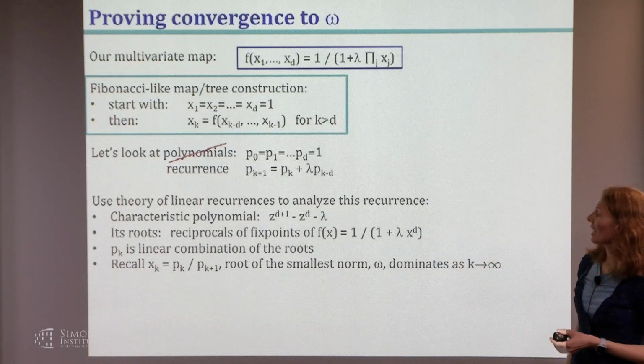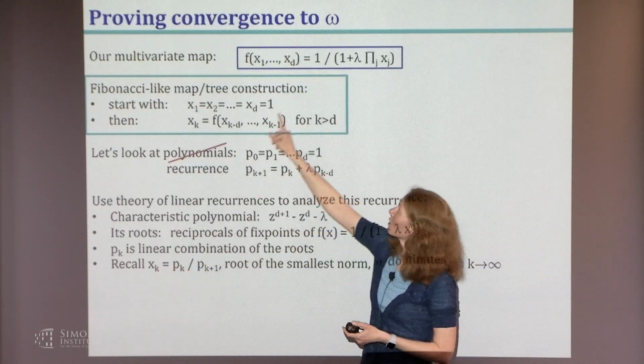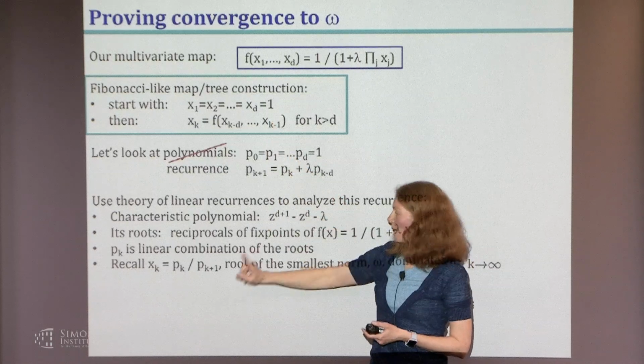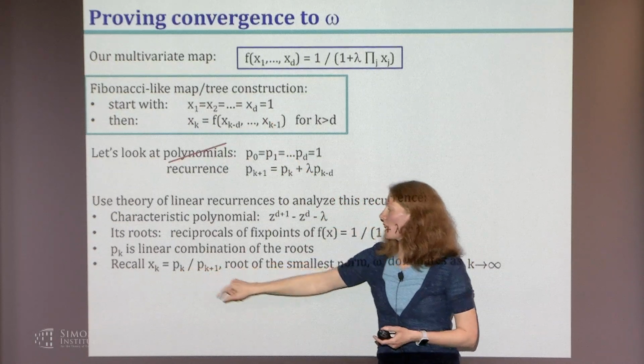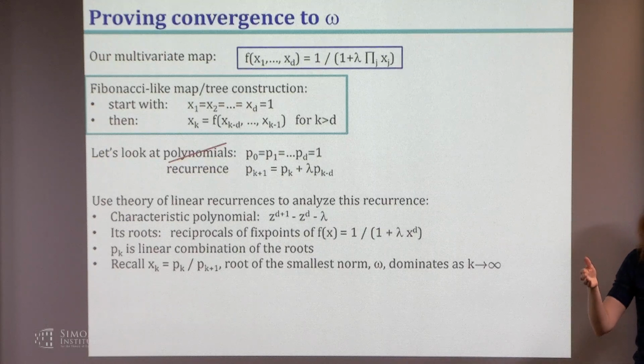And so what we get is that our quantity x_k from our Fibonacci-like map can be written as a ratio of these two polynomials, but each one has a closed form expression which is a function of the reciprocals of the roots. And so when we take the ratio, it is the smallest root that dominates as k goes to infinity.